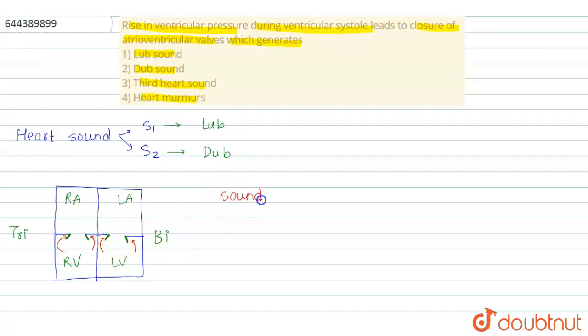Whenever the ventricular pressure keeps on rising, the rising ventricular pressure will force the valves to close, and this will produce a sound, and as this is the first sound produced, it is heard as the lub sound. So the first heart sound is produced by the closure of the tricuspid and the bicuspid valve, and it is heard as the lub.